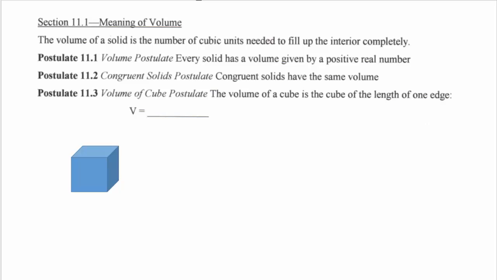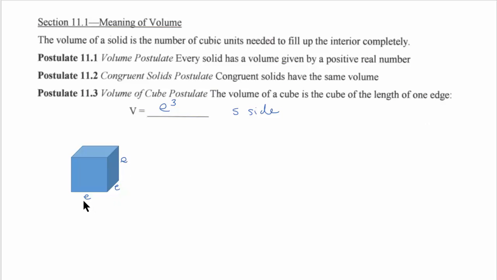one edge cubed. So we write it E cubed. Instead of saying S for side, we used that for a two-dimensional polygon, like for a base. So on a cube, we're going to say these are all edges.